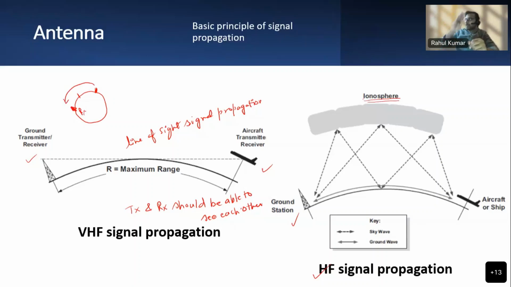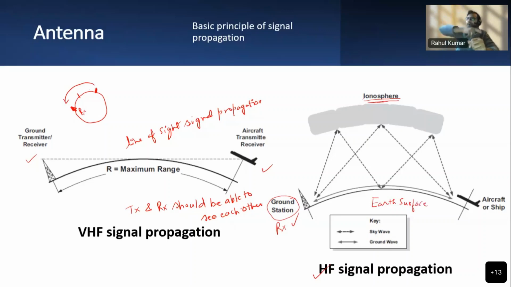Upward towards the ionosphere, and the signal propagates to the station or the receiver by consecutive reflection between the earth surface and the ionosphere.